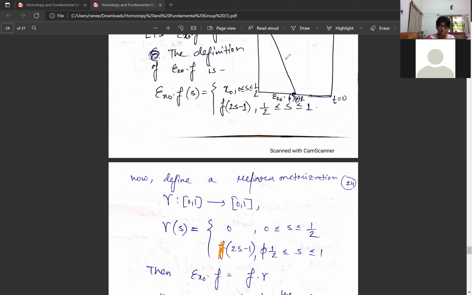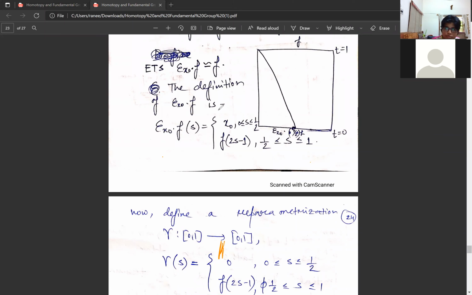So look at this function, look at this picture. The picture is exactly saying the same thing. First you are here, which is basically your gamma equal to 0.